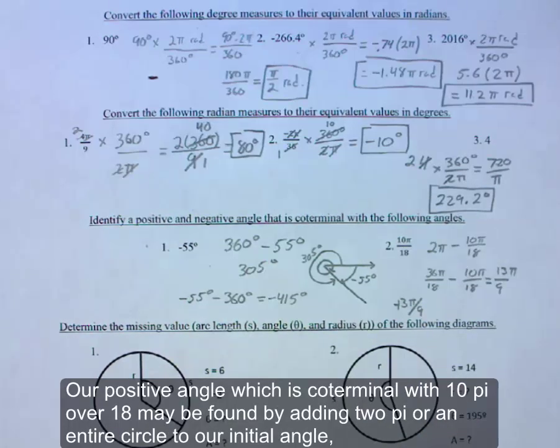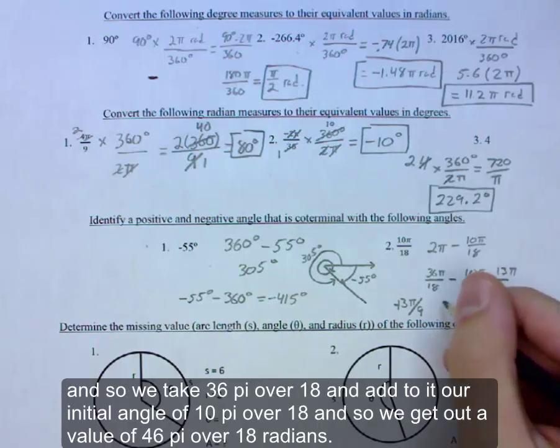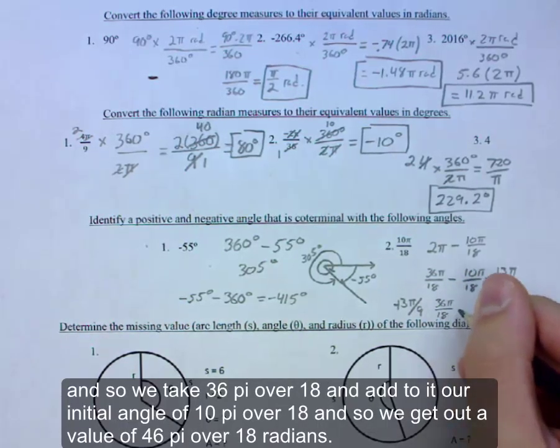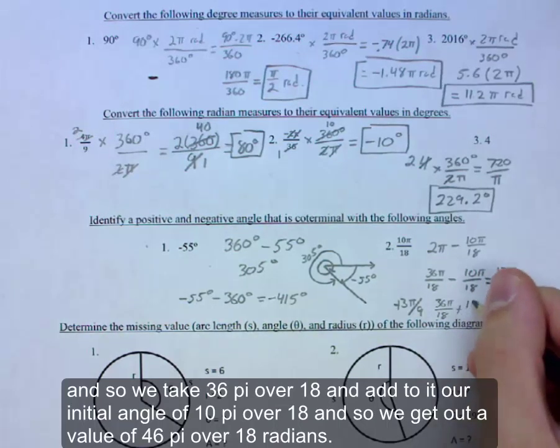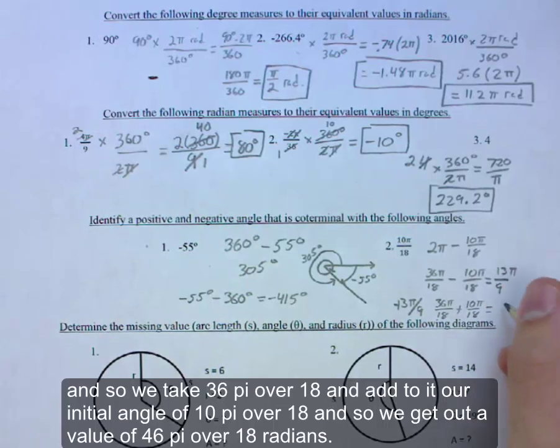Our positive angle, which is coterminal with 10 pi over 18, may be found by adding 2 pi, or an entire circle, to our initial angle. And so we take 36 pi over 18 and add to it our initial angle of 10 pi over 18. And so we get out a value of 46 pi over 18 radians.